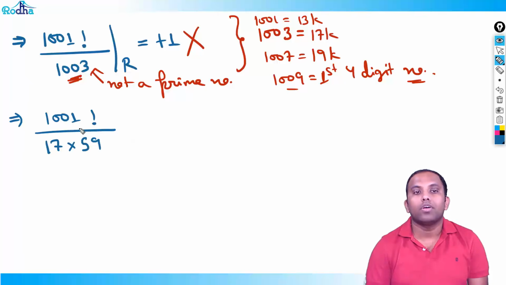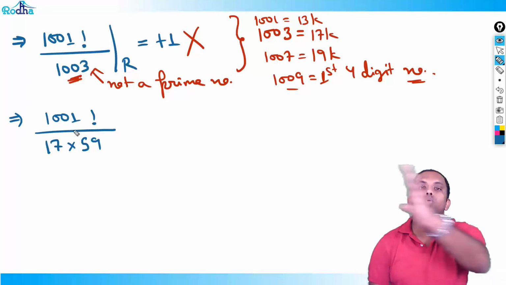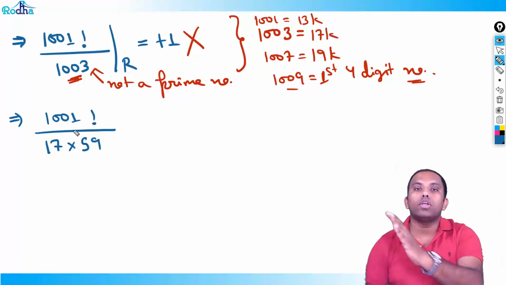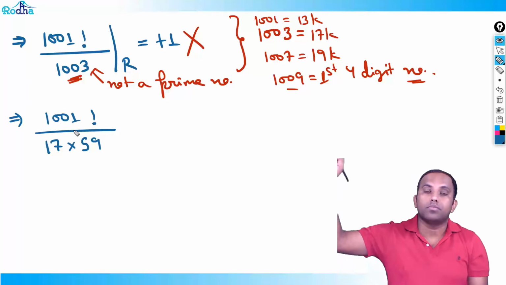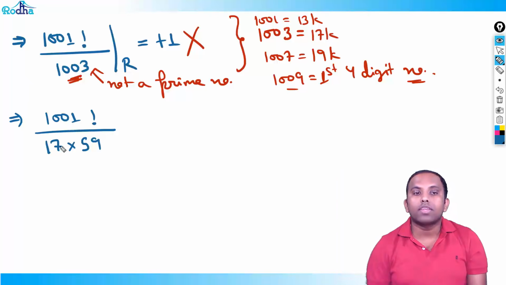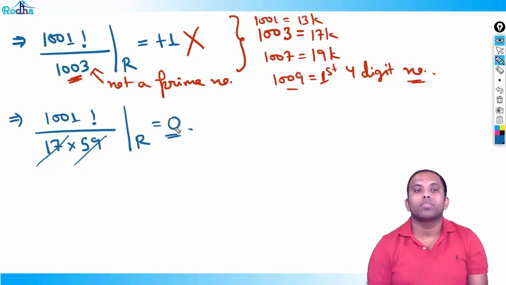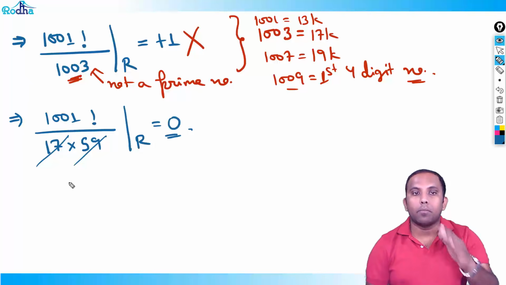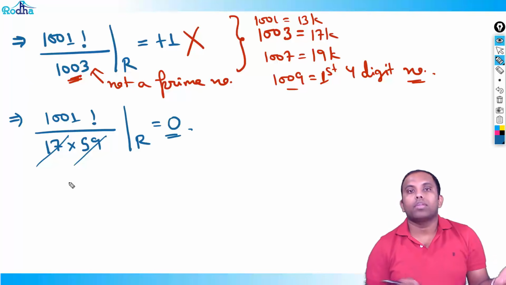Now 1001 factorial is the multiplication 1 into 2 into 3 into 4 into 5 into 6 till 1001. Obviously somewhere 17 will come, and somewhere 59 will come, so both will completely cancel. That means the denominator completely cancels the numerator. What is the remainder? The remainder is nothing but 0.